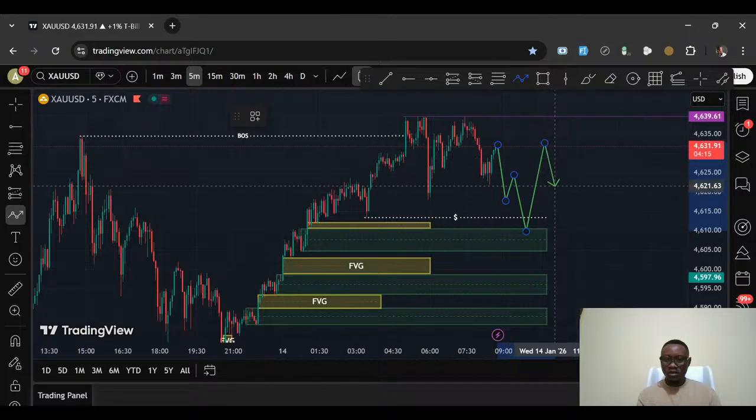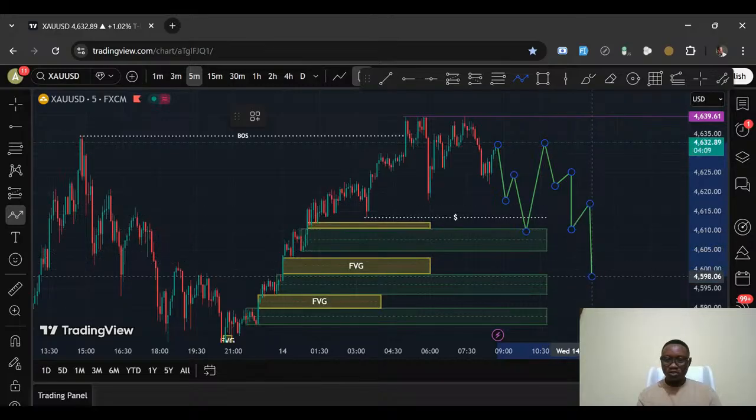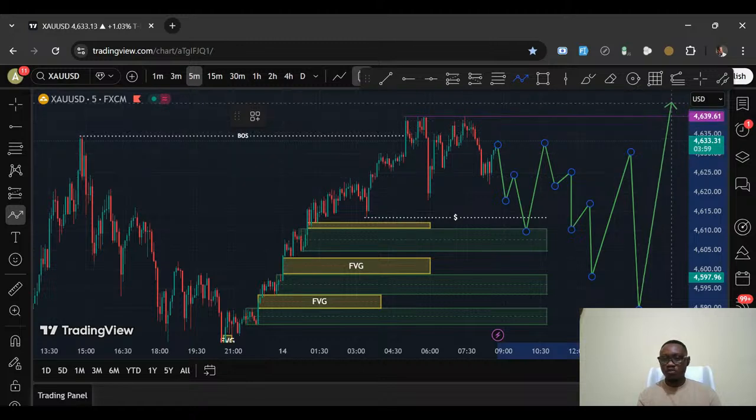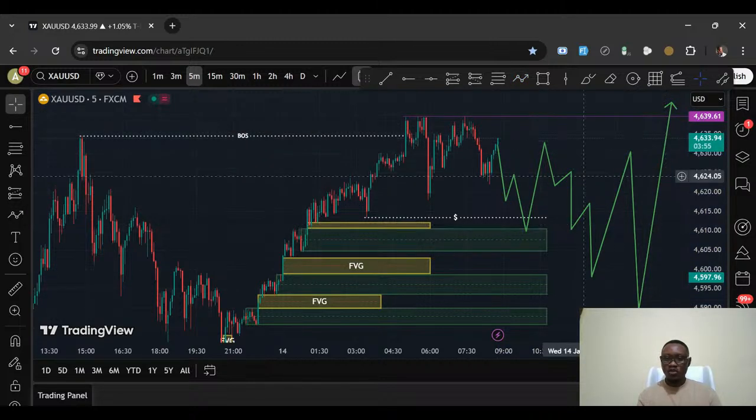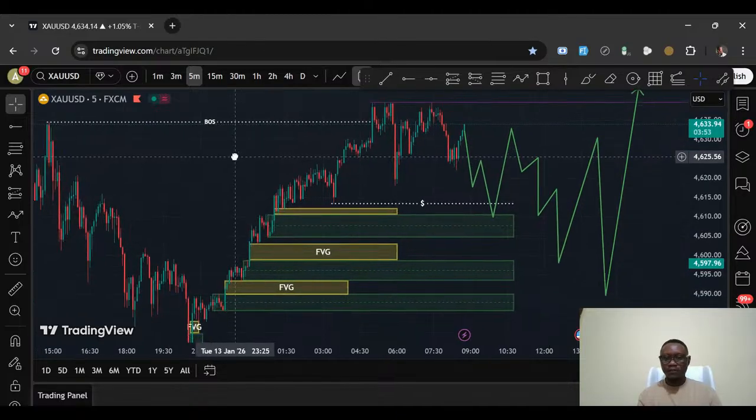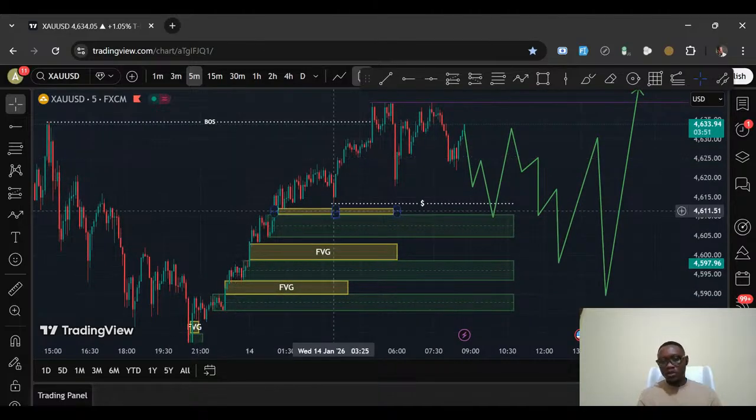Then again start a reversal to the order block zone below, which is this, and also react to this. Probably give us as much as this, then to this order block level, and continue in its bullish move. So this is what we are anticipating.